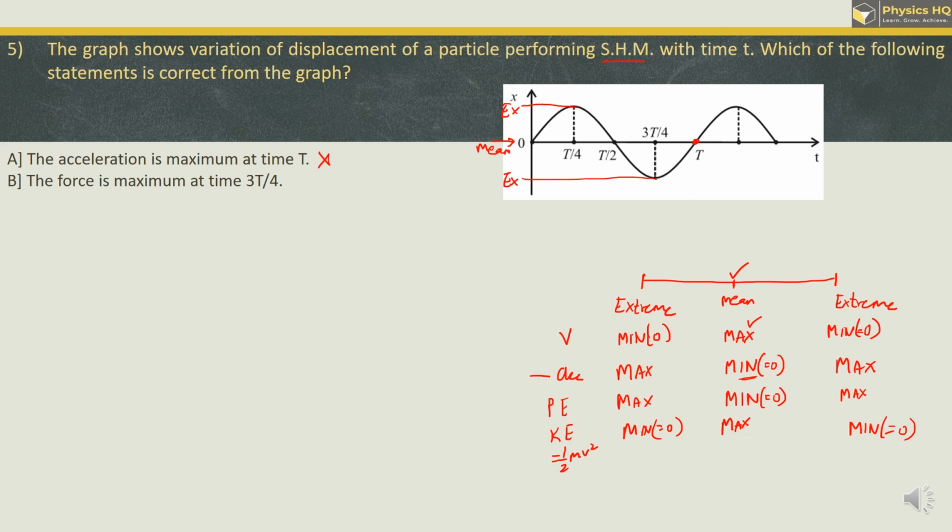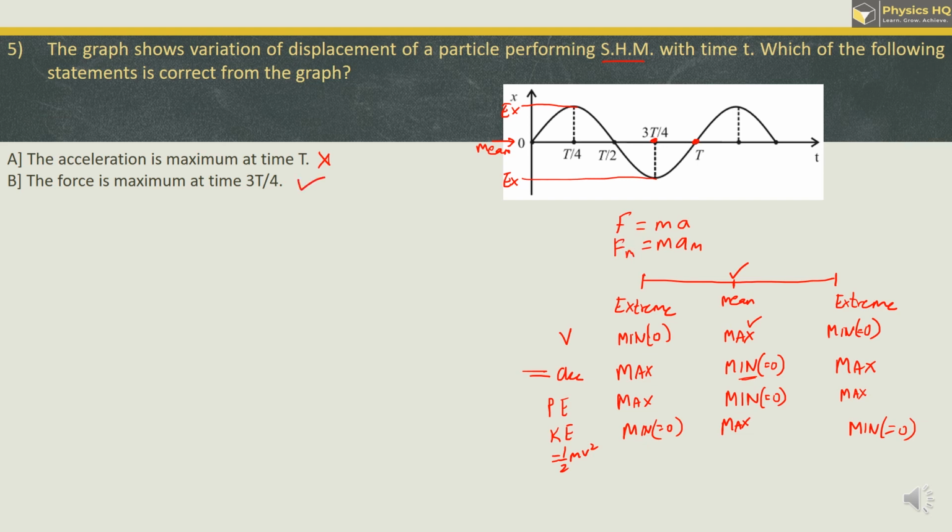So at 3t by 4 we got the particle at extreme position, and at extreme position we know that acceleration is maximum. Force is given by the formula mass into acceleration. So if I have acceleration to be maximum, my force will also be maximum. So therefore this statement is correct.